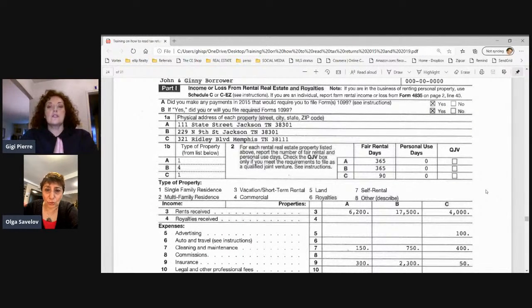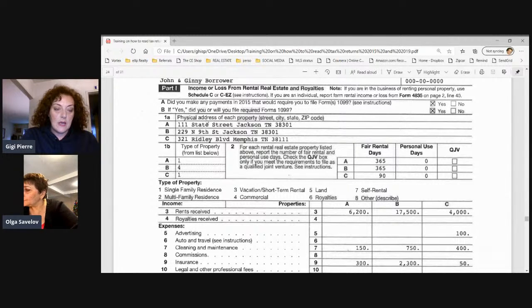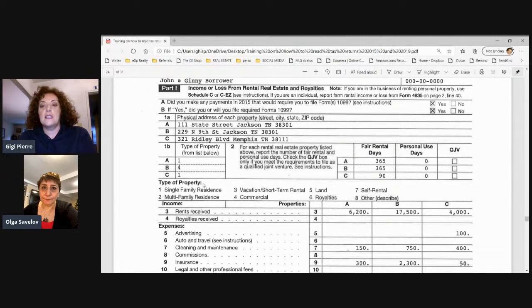As you can see in this example, I'm going to go slowly. Scroll a little bit higher. Recap a little bit. You have each address on lines A, B, and C, and underneath there is an explanation of the type of property with numbers 1 through 8, ranging from single-family residence, multi-family residence, vacation home, commercial properties, land, self-rental, royalties, and other types of income properties, correct?